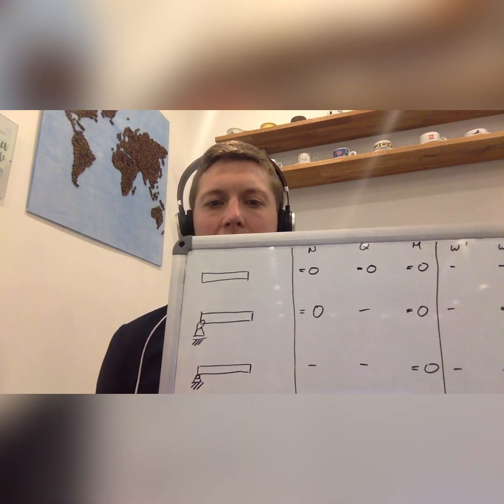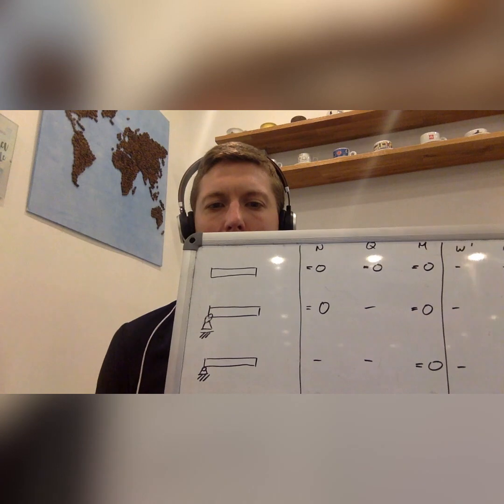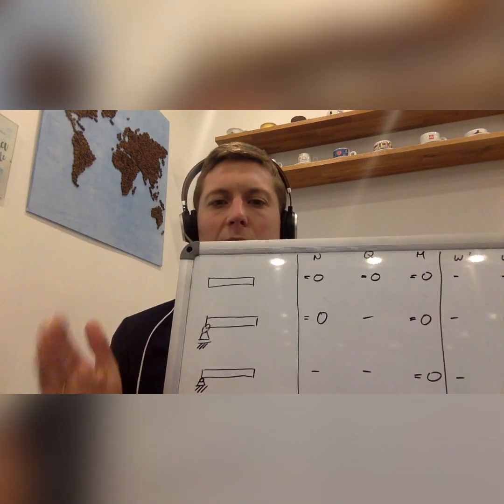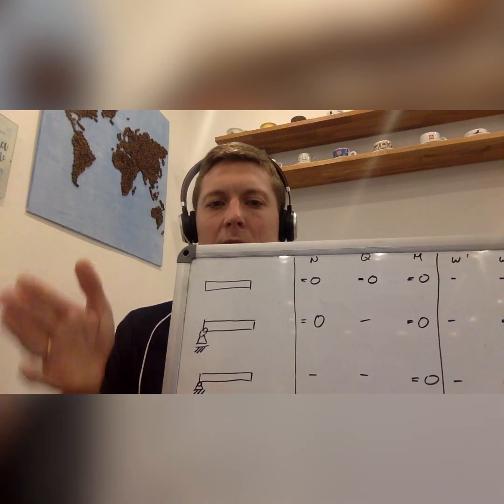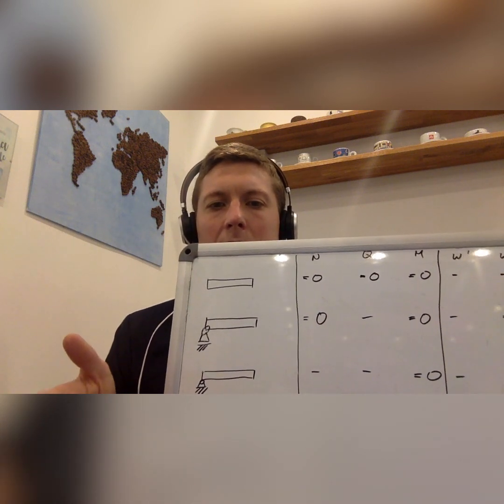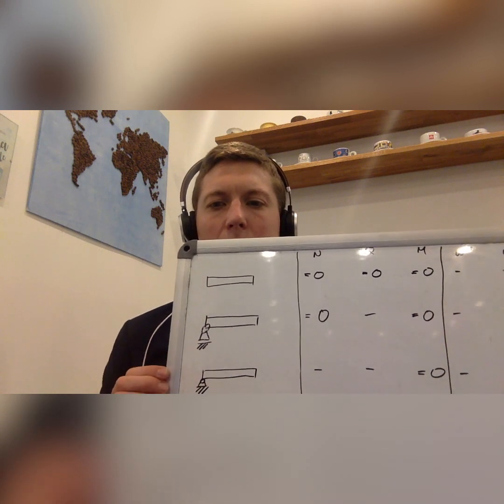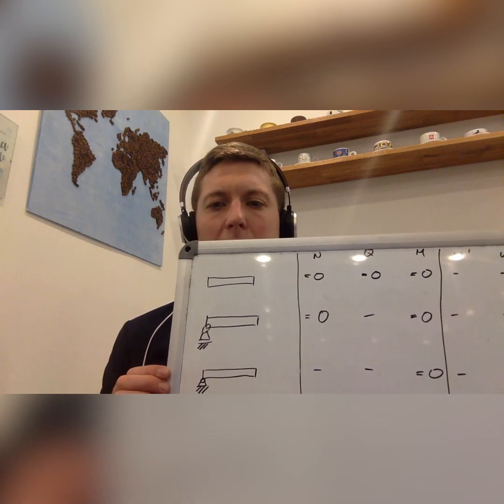And for the shear force, it's the same. So this pin bearing has the possibility to transfer a force in vertical direction, in z direction, and this shear force then is minus the bearing force in z direction. So once again, no possibility to state here a boundary condition equal to 0.